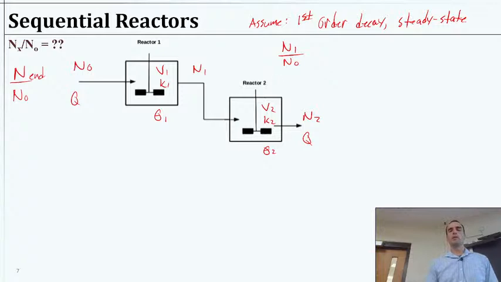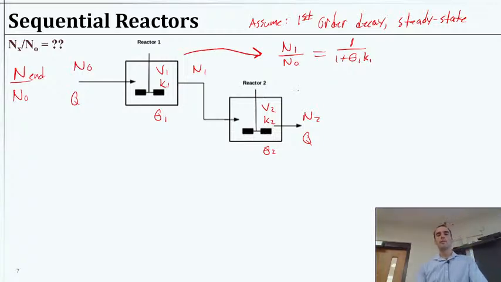We've even just talked about this today: that N over N naught, we can derive that and get 1 over 1 plus theta K. This time I'll label it theta 1 K1. That corresponds to the mass balance solution, if we're interested in what's coming out of the first reactor compared to what's going into it. We can do the same thing with the second one to say N2 over N1 is 1 over 1 plus theta 2 K2. Pretty straightforward. We kind of knew that.